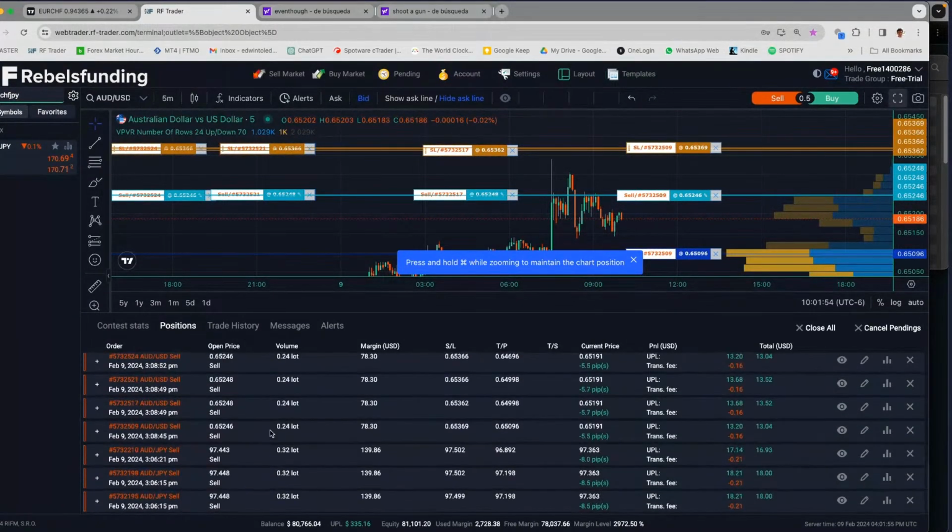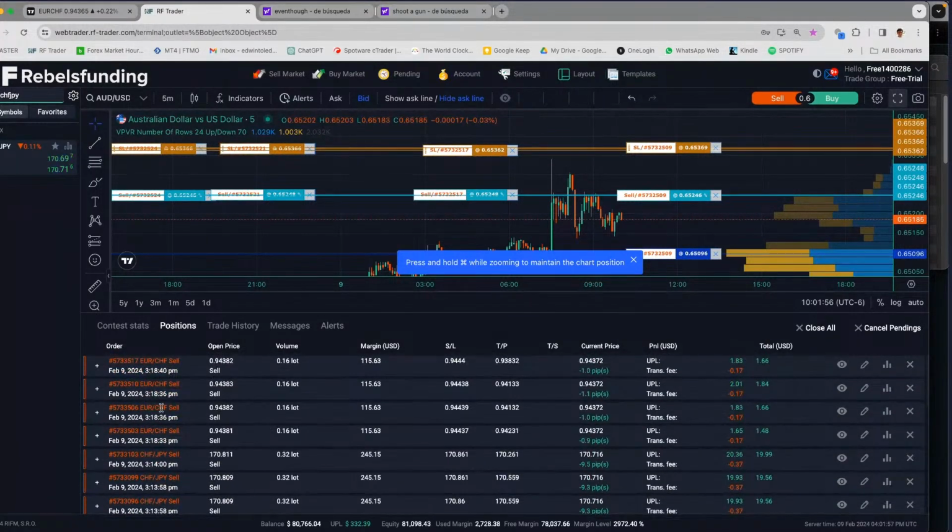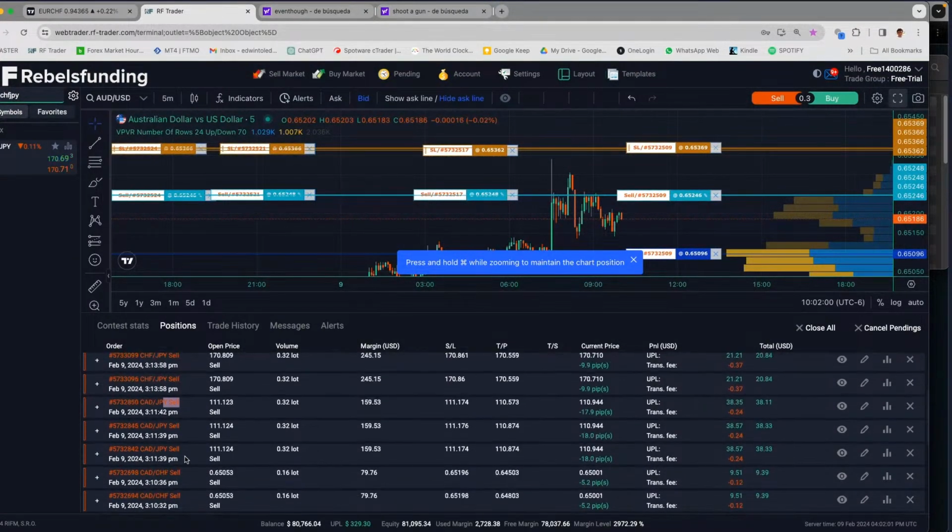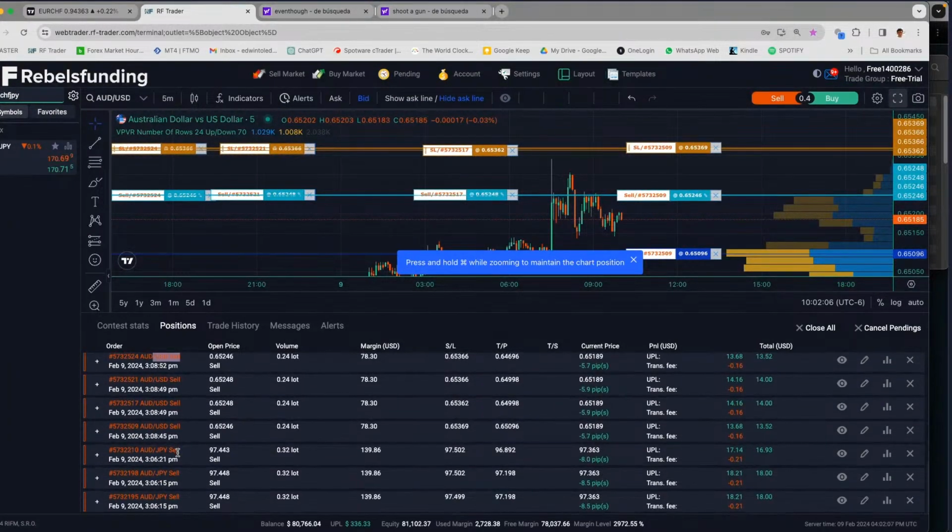We are trading how many pairs? One, two, three, four, five, six actually. Six entries, right? So it was six entries today.